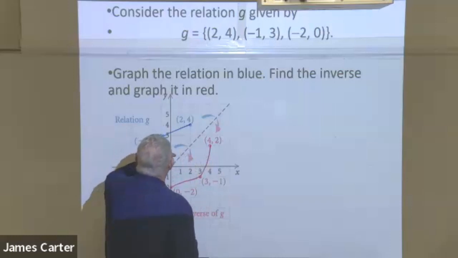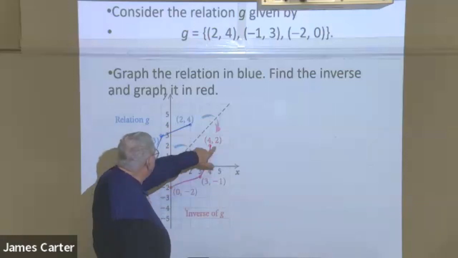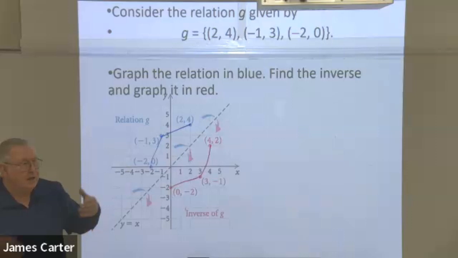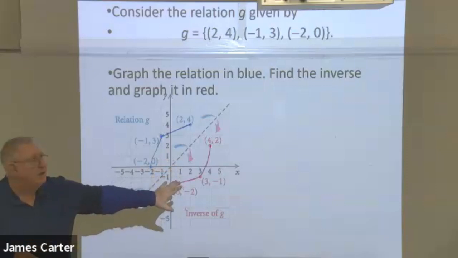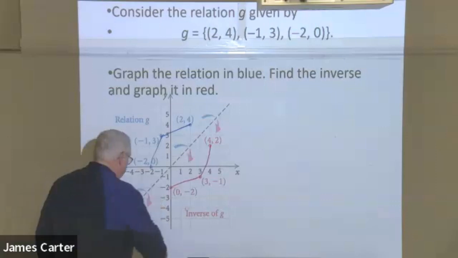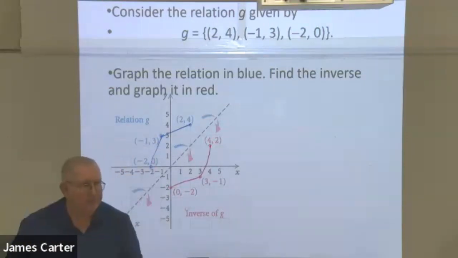Well, if they just gave you this line without giving you the points, you'd have to figure out the points, graph the points, and draw the new line, the inverse line. Okay, and there's one question on your final and on my test that is probably no more complicated than this one. All right. With that, we're going to stop right here because it's time.